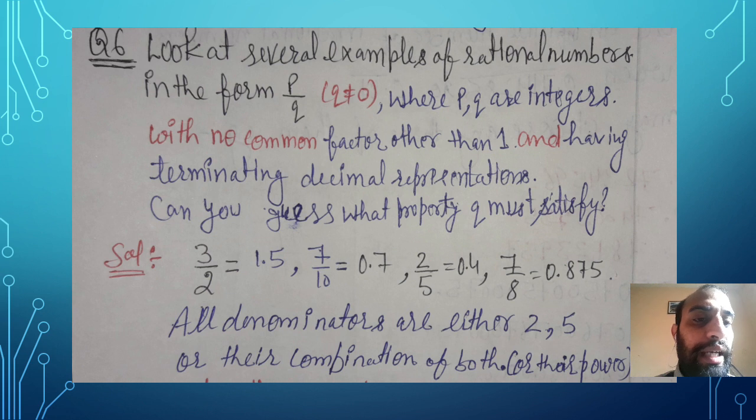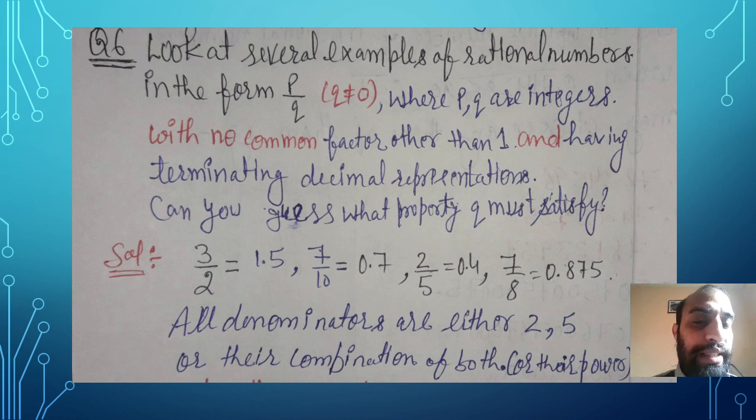Like that you can see 2 and 5, the combination 10 is there. Or one more condition is there, that it may be in the case of 2 raised to power 2, 2 raised to power 3, that means 2 raised to power 2 is 4, 2 raised to power 3 is 8. In a similar way it may be 5 or maybe 5 raised to power 2, that is 25.